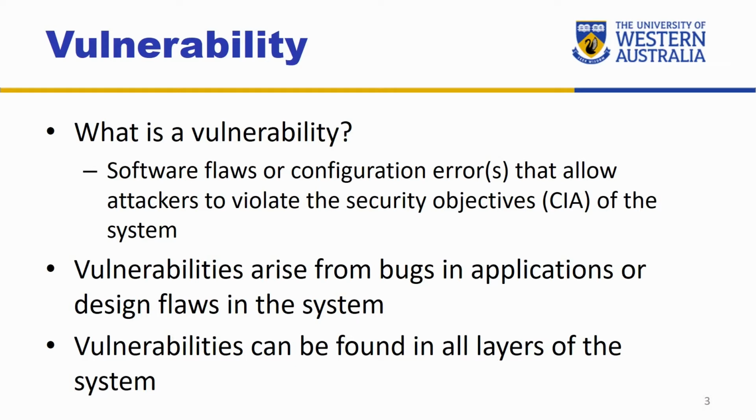Those vulnerabilities can arise from bugs in applications or design flaws in the systems. For example, miscoding using the C language can cause a buffer overflow vulnerability that people can exploit. And if we think about WEP, the Wired Equivalent Privacy wireless encryption standard, it has a design flaw where the initialization vectors are not encrypted, so people can break the encryption by exploiting the design flaws of the protocol.